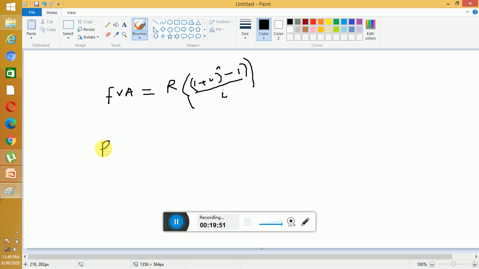Now the present value of annuity. So what is the formula? R times 1 minus 1 divided by 1 plus I raised to the power n, and this will be divided by I.